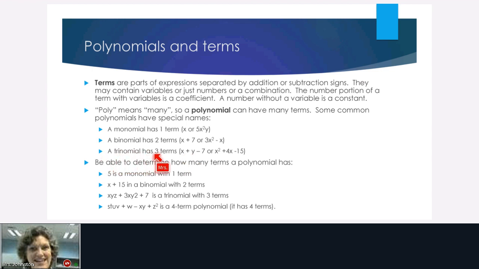A trinomial, obviously, has three terms. Here's an example, x plus y minus 7, or x squared plus 4x minus 15. You should be able to count how many terms a polynomial has and remember the name for it up until this point. Beyond that point, they're just called n-gons or 7-gons, something like that.